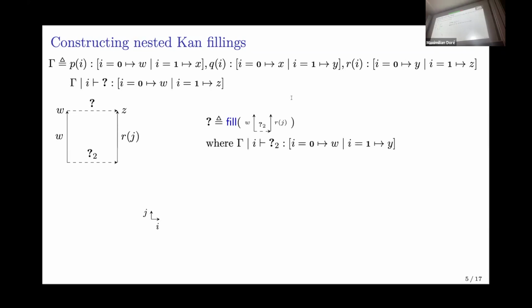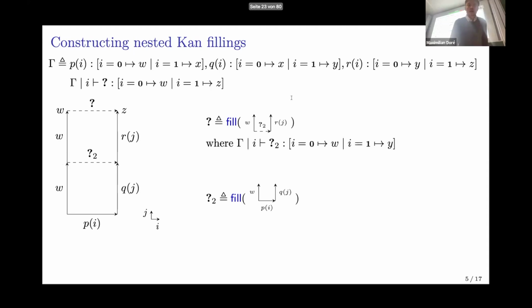What we'll do instead is we'll try to fit in as many of the sides as possible. And then whatever is left, we treat as a separate boundary problem. So we just say, okay, we can solve this question mark here as the filler of this, supposing that we can solve this boundary problem going from W to Y, which we've already seen just works by composing the two domain paths.